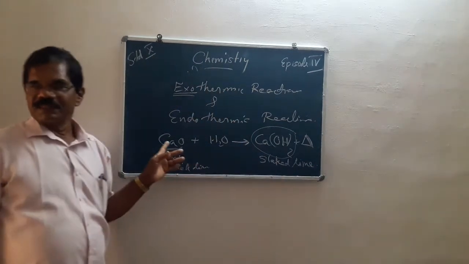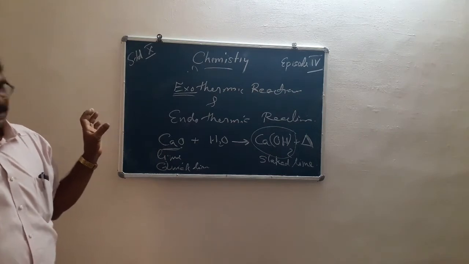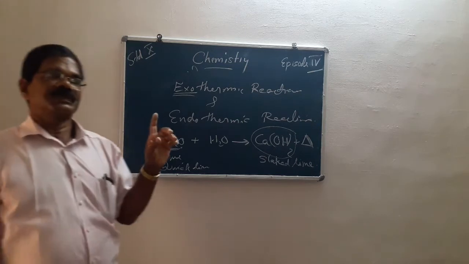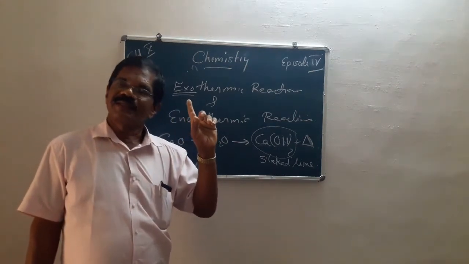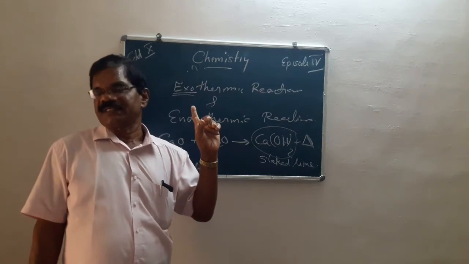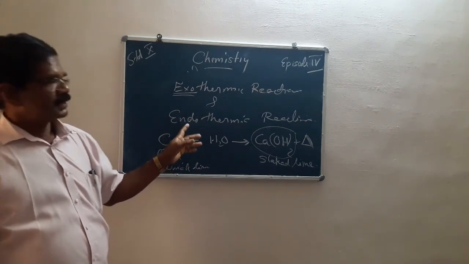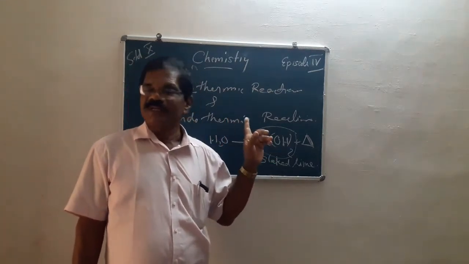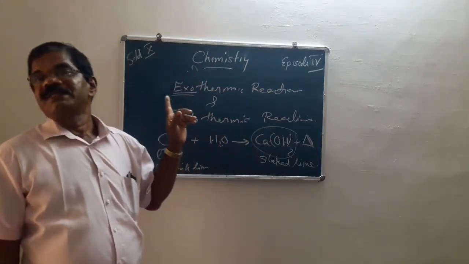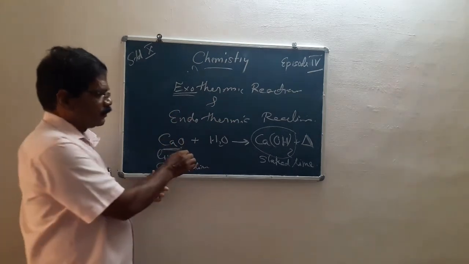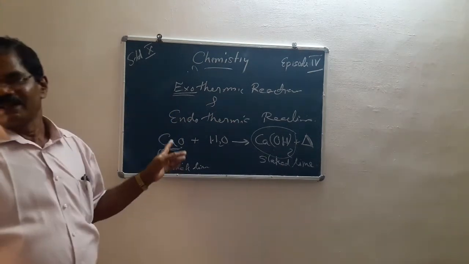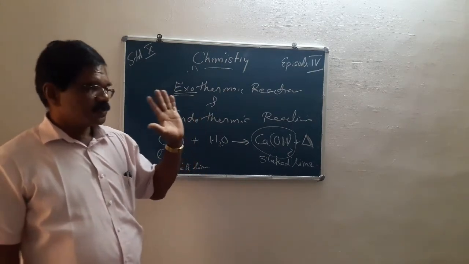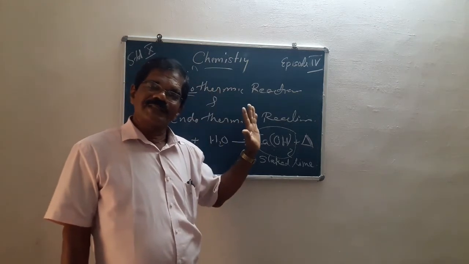In your textbook, there is a question. When you read a question, you go deep into the question. A solution of a substance named X is used for whitewashing. Which is the substance, calcium oxide or calcium hydroxide? The substance used for whitewashing is calcium hydroxide.